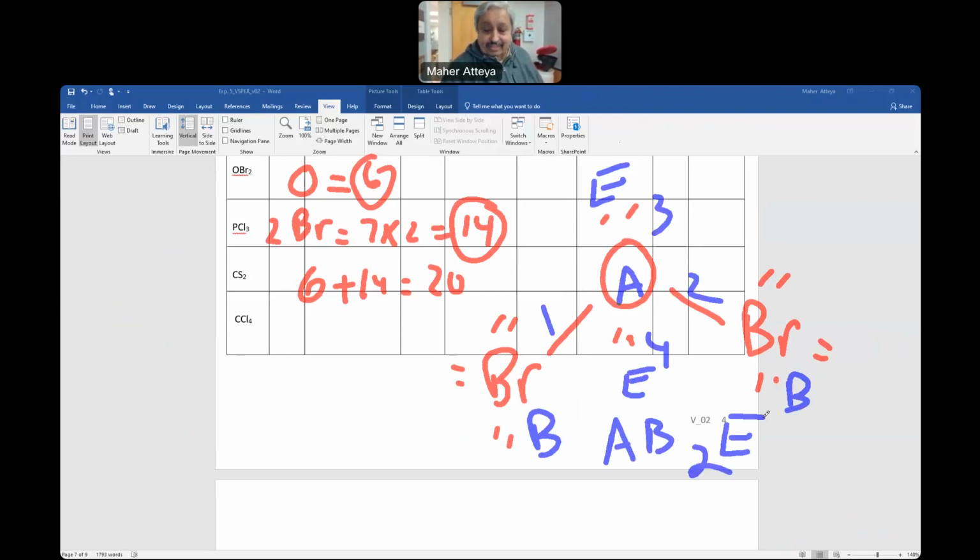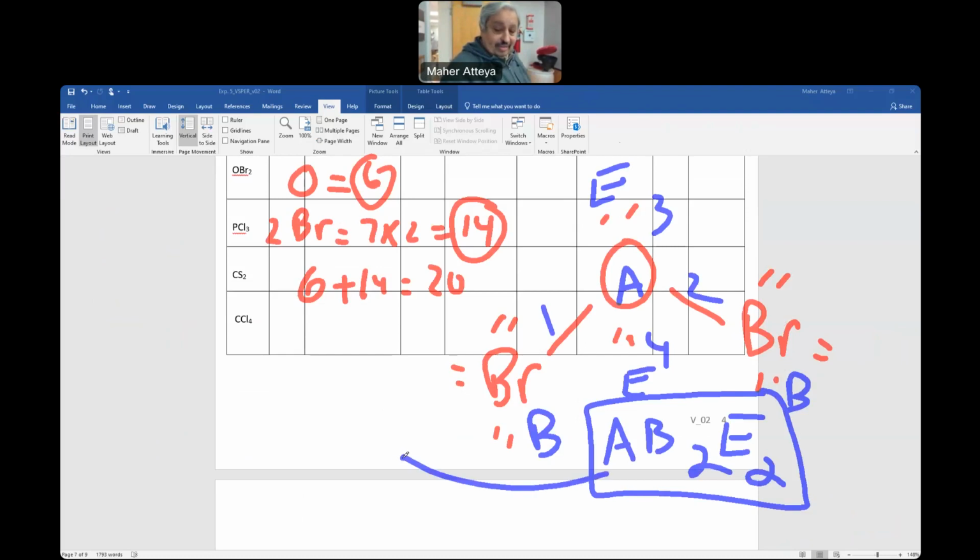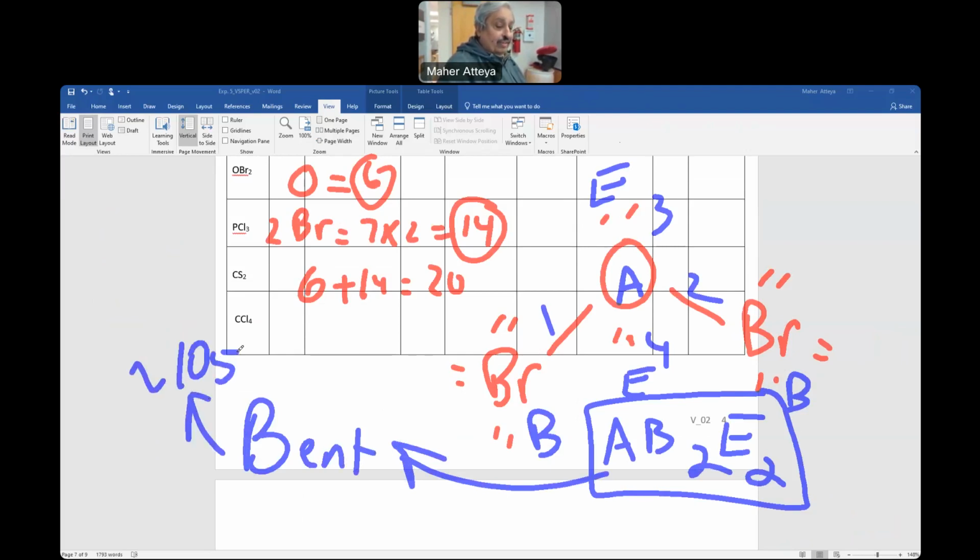So AB2E2. Now, if you look at the code for this from the table, AB2E2 is what? Correct. I heard the correct answer: it is bent. And the angle will be around 105 degrees because you have 2 lone pairs, 1 and 2. So you can't count those 2 here. That will give you the number of zones.